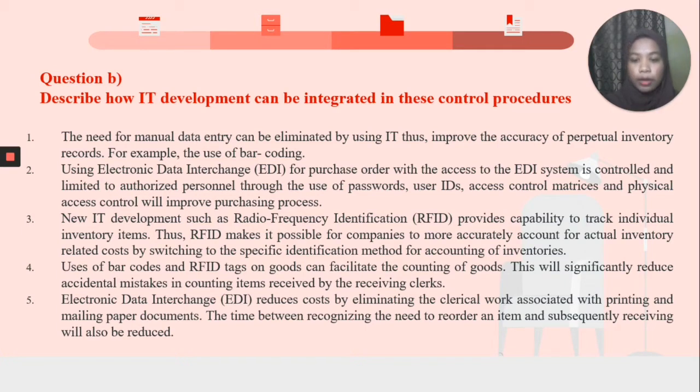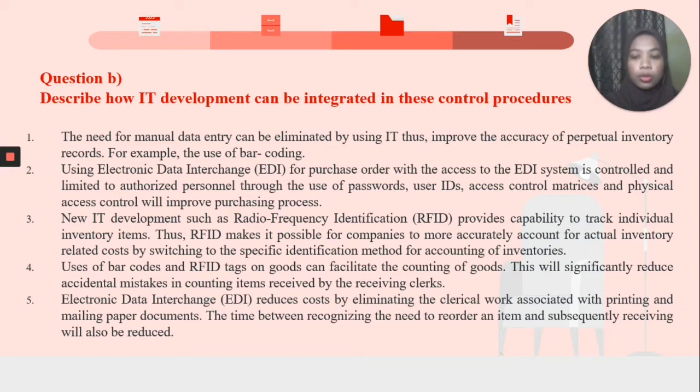New IT developments such as radio frequency identification (RFID) provide the capability to track individual inventory items. Thus, RFID makes it possible for companies to more accurately account for actual inventory-related costs by switching to the specific identification method for accounting of inventories.